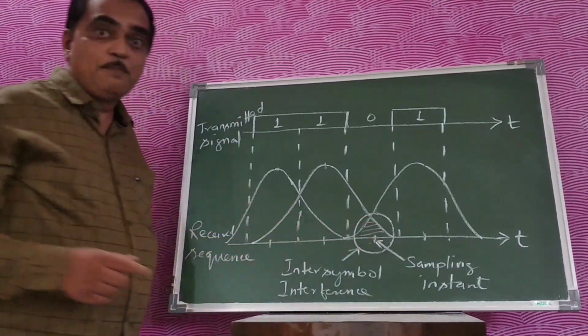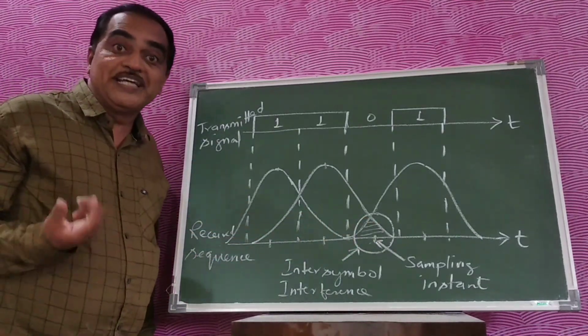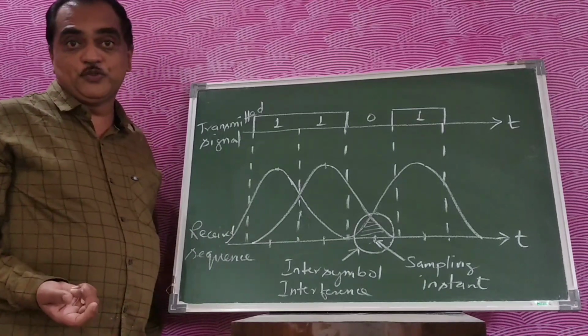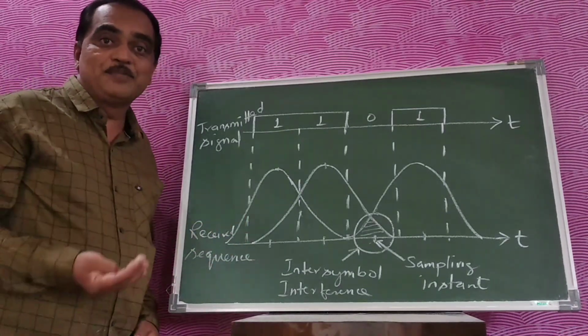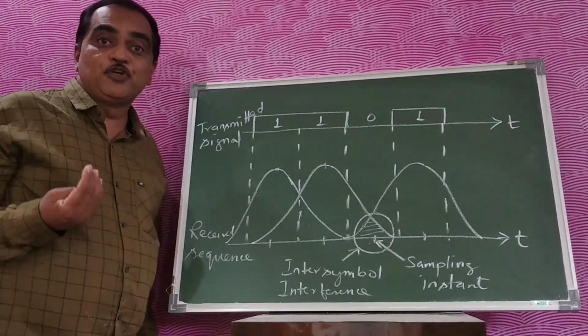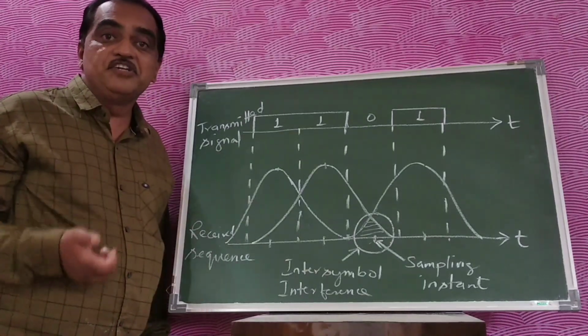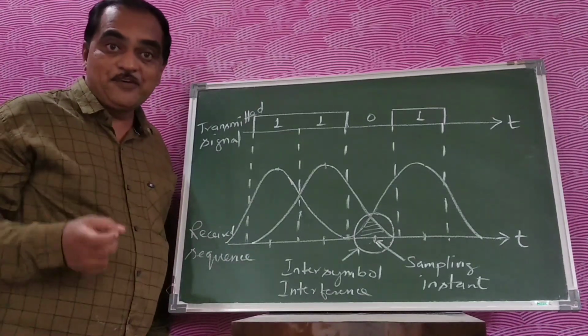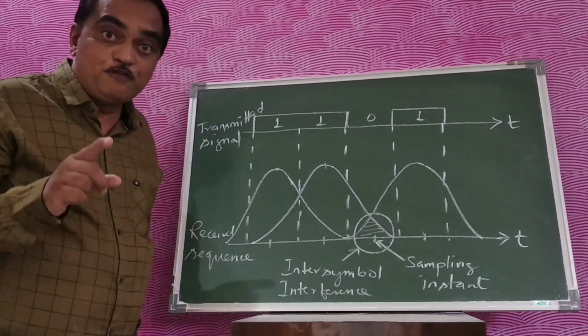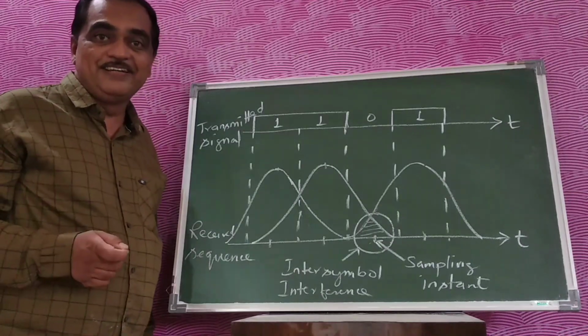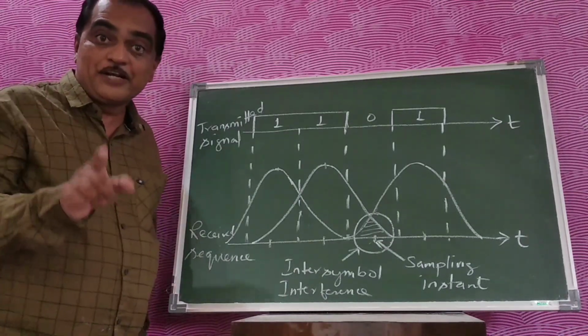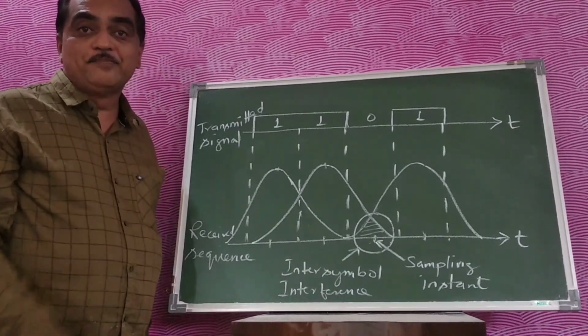That disturbance will make you wrong whether to detect it as logic 1 or logic 0. That type of disturbance or interference from the adjacent pulses is called intersymbol interference. That will make your decision of detecting the binary data at the end, whether it is 0 or 1, go wrong because of intersymbol interference.